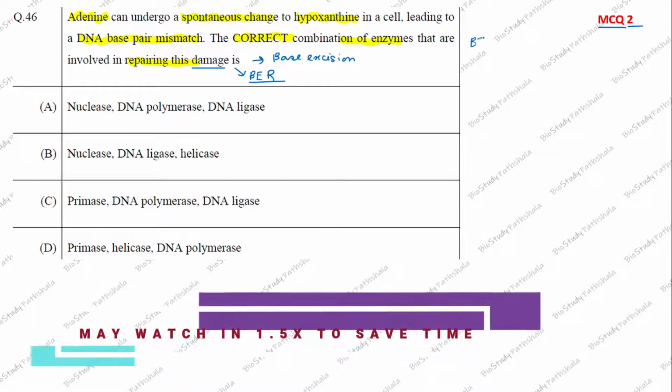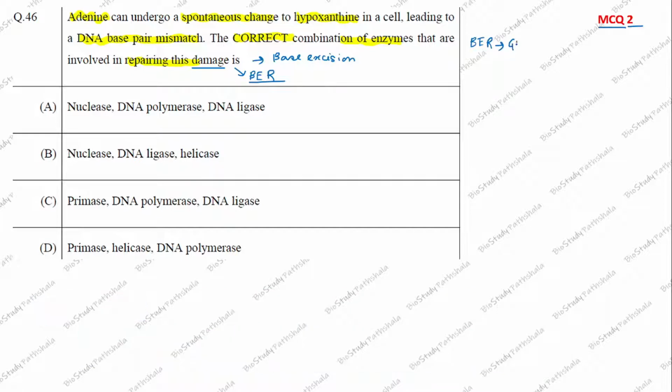In the base excision repair system, first the glycosylase enzyme is involved, which removes the nitrogen base by hydrolyzing the glycosidic linkage between the nitrogen base and sugar.